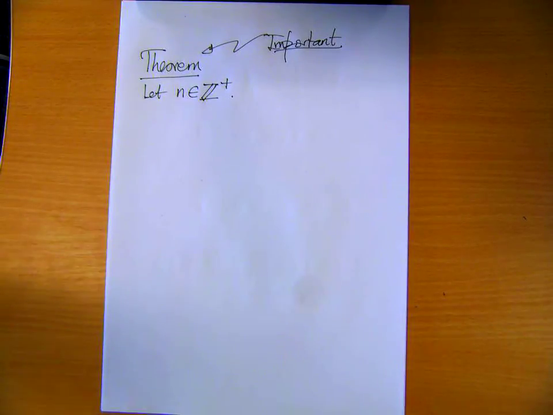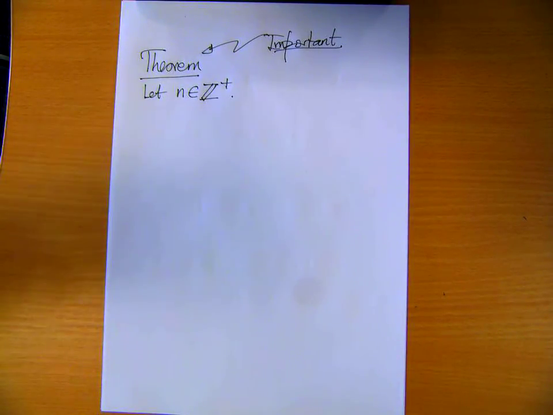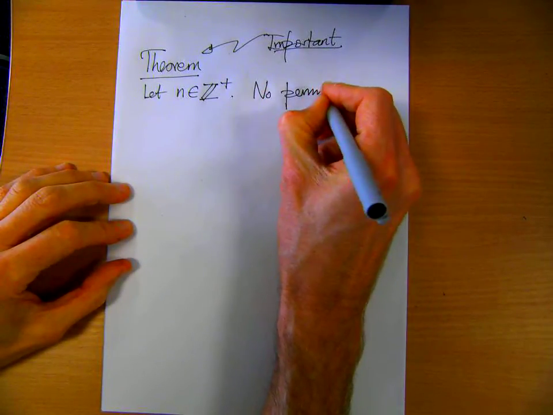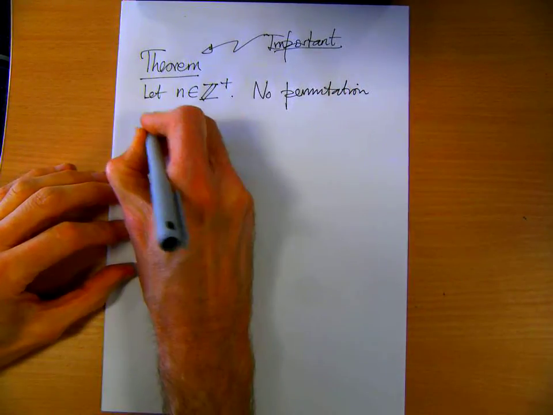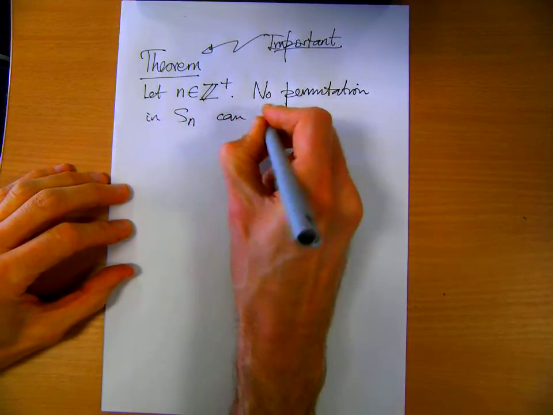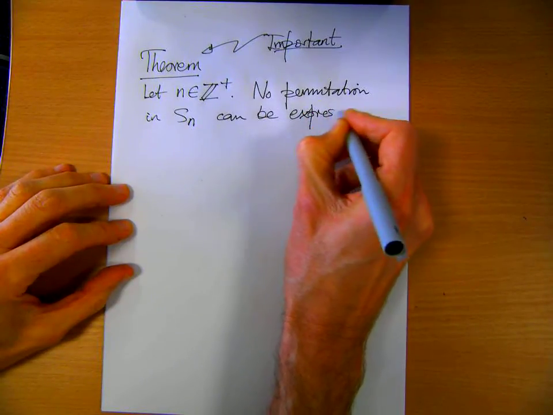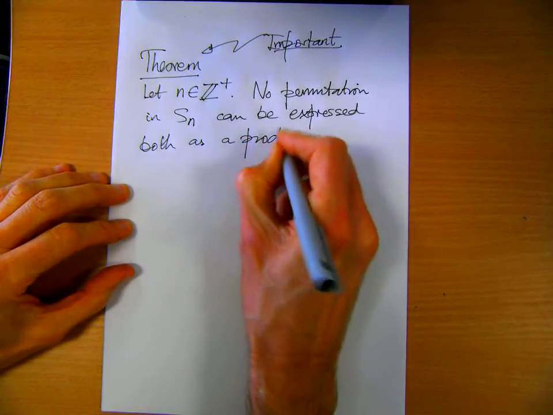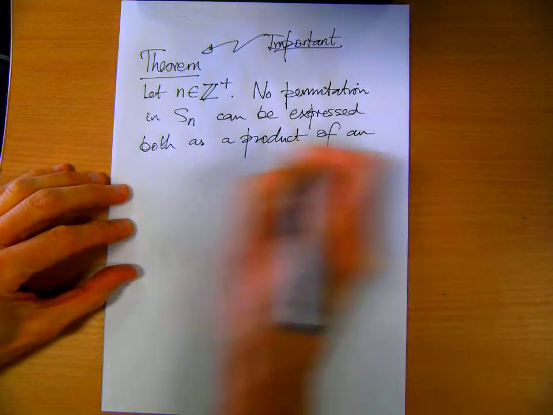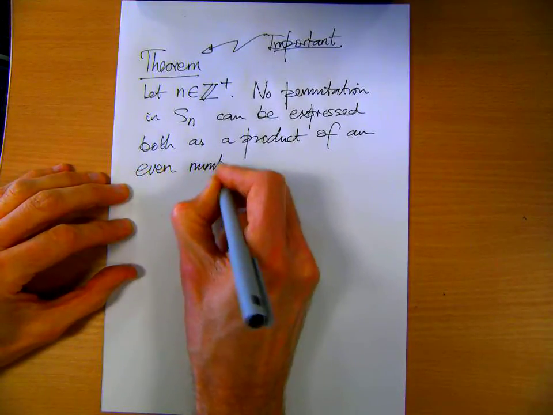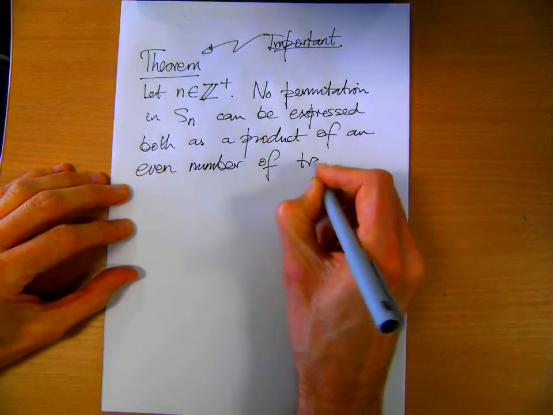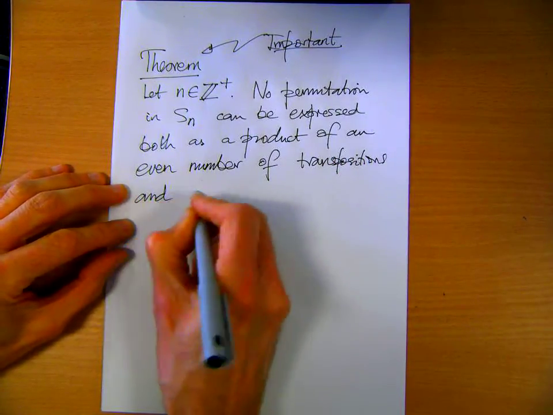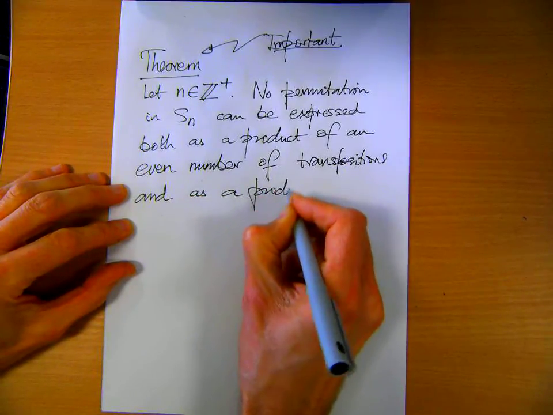So the background is we know that any permutation can be written as a product of transpositions, but no permutation in Sn can be expressed both as a product of an even number of transpositions and as a product of an odd number of transpositions.